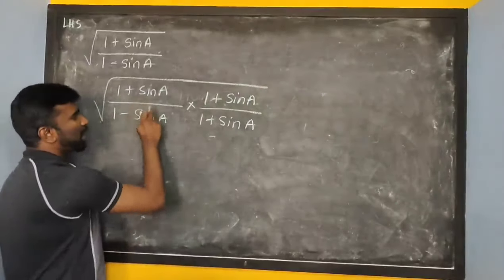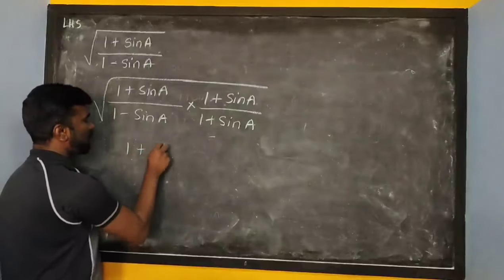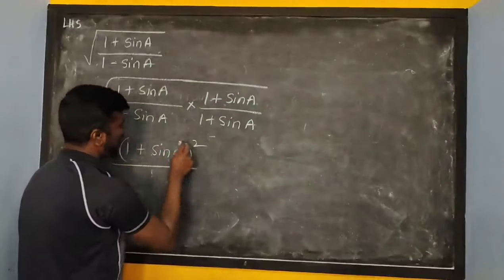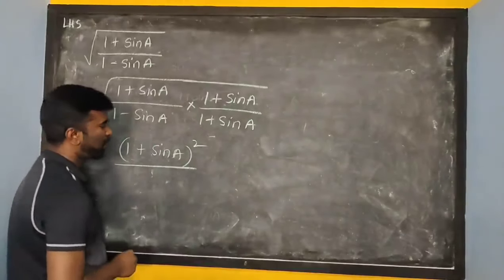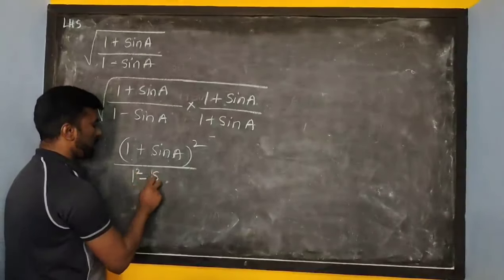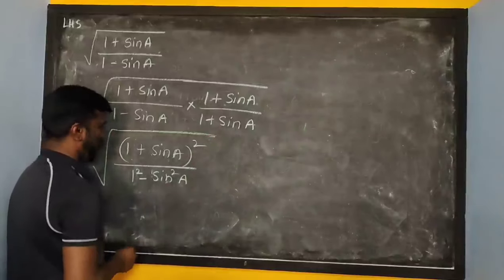Now, in the numerator it is of the form 1 plus sin A into 1 plus sin A. I can write it as 1 plus sin A whole square. In the denominator it is of the form A plus B, A minus B. Using the identity, A plus B into A minus B, I can write as A square minus B square. Root as it is.